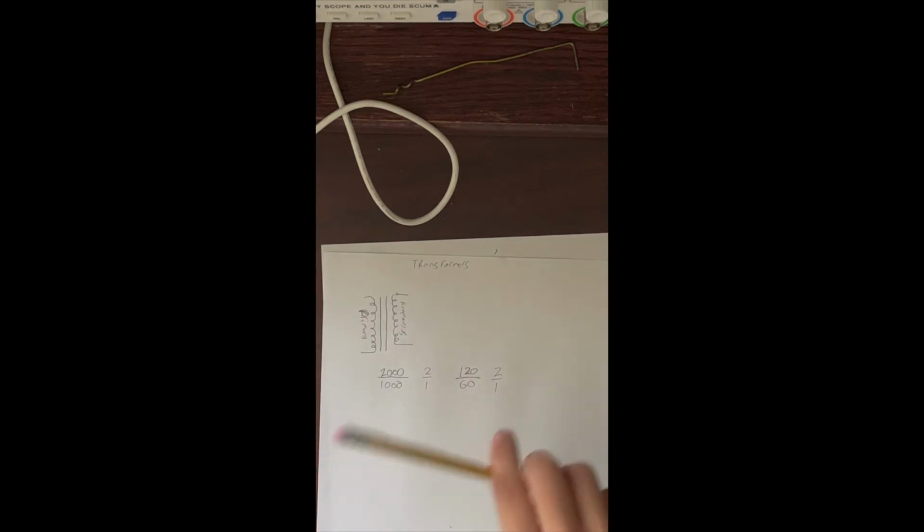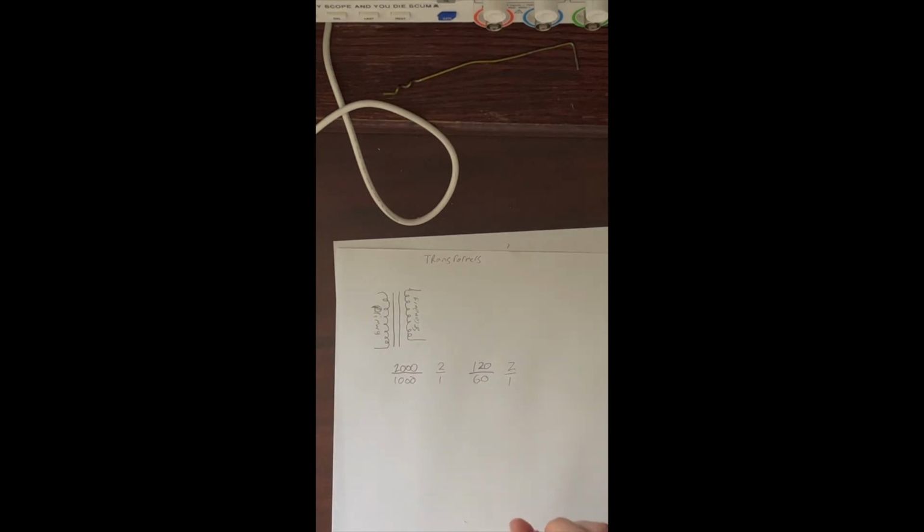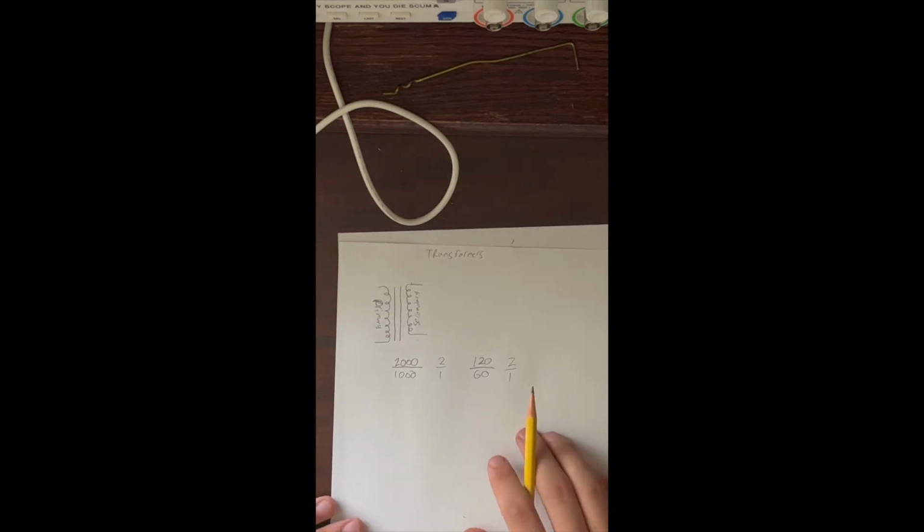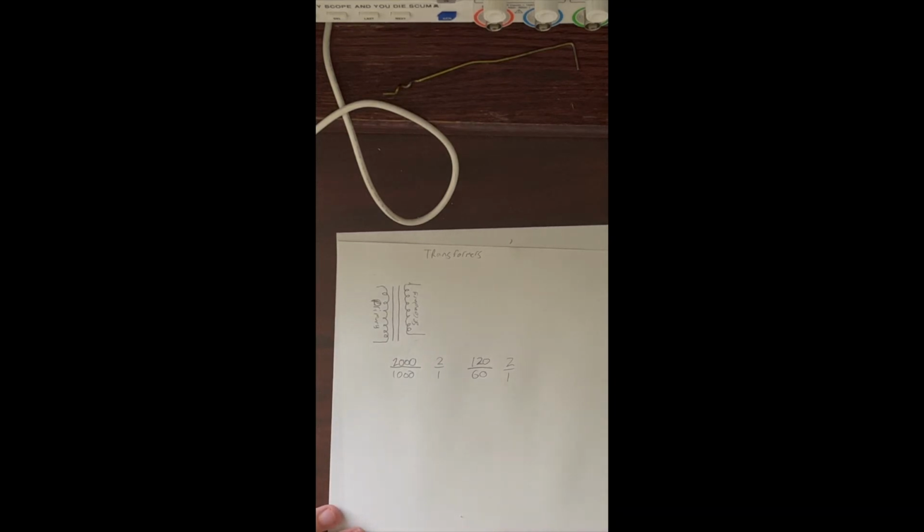Now, this is the confusing part, how transformers work. We know that when we put power into a conductor, power meaning voltage times current, we know that it will produce a magnetic field.